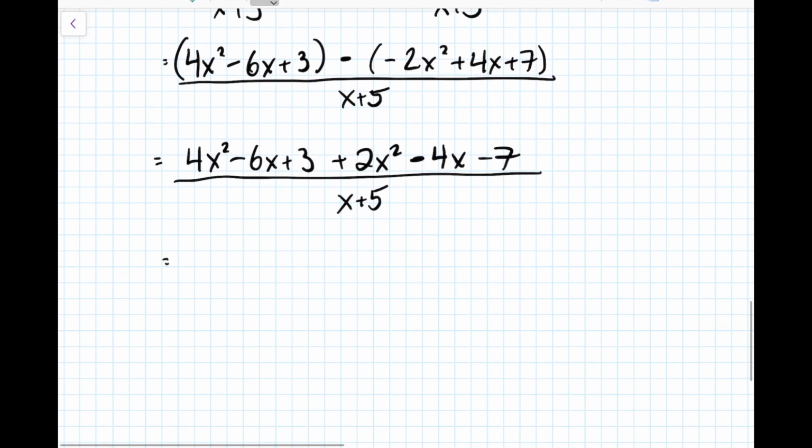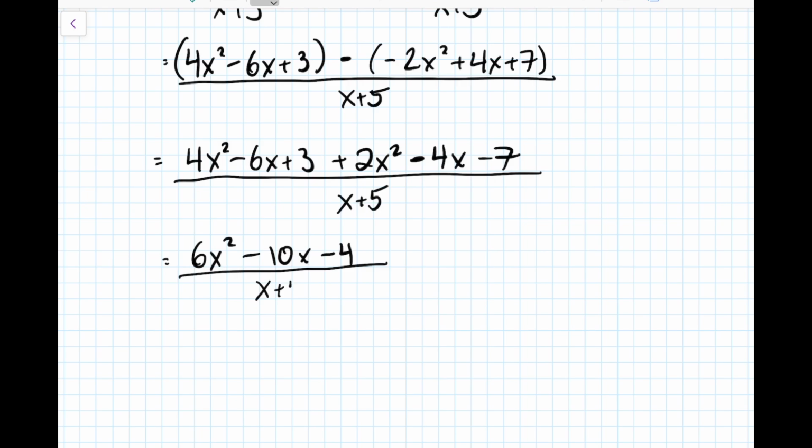So now if we combine some like terms, 4x squared and 2x squared is going to get me 6x squared. Negative 6x, negative 4x is going to be negative 10x. And 3 minus 7 is going to get me minus 4. And all of that is over x plus 5. So to factor this, up top I do have a common factor of 2, which is going to get me 3x squared minus 5x minus 2 all over x plus 5.